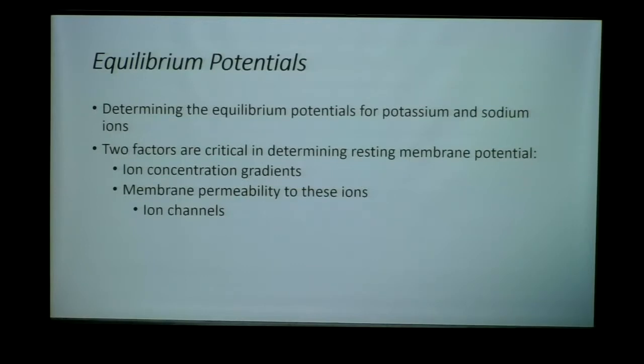There's also the membrane permeability to these ions. That is also very important in establishing the resting membrane potential. And when we speak about the membrane permeability to an ion, we're speaking about the channels. How many channels are there on that cell? Okay, so if there are lots of sodium channels, we say that the membrane is very permeable or very leaky to sodium. Whereas if it's not, we say that it's not as permeable.